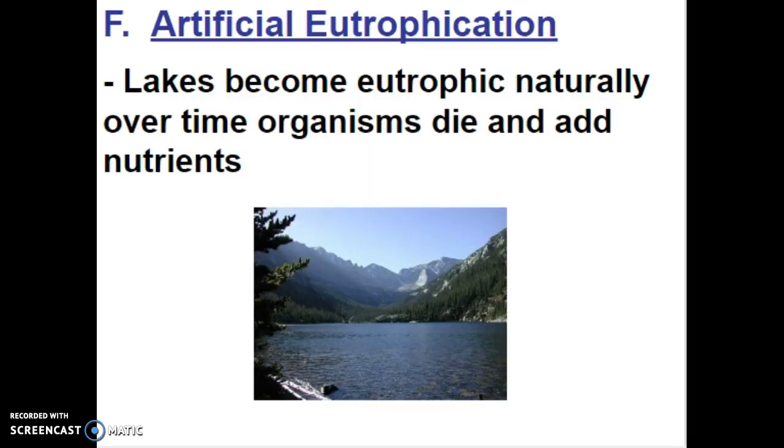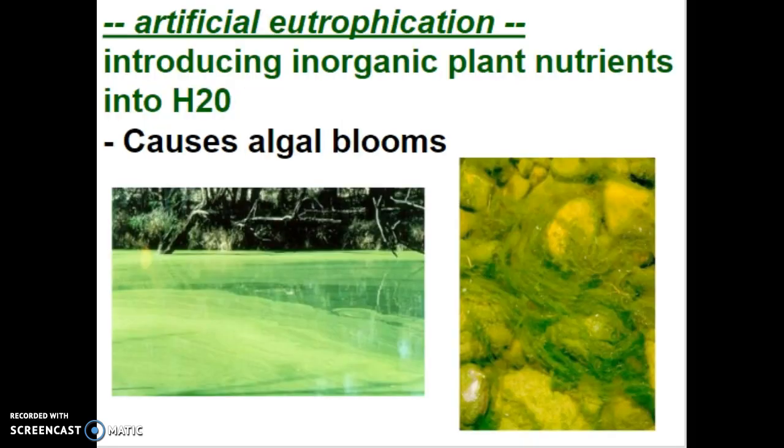When we talk about lakes and rivers and streams, we can have natural causes of water pollution too. Freshwater pollution isn't just caused by man. Nature can actually do a little bit of that as well. Lakes will become eutrophic naturally over time. Organisms die and add nutrients, which helps the ecosystem and those plants and animals that rely on those nutrients.